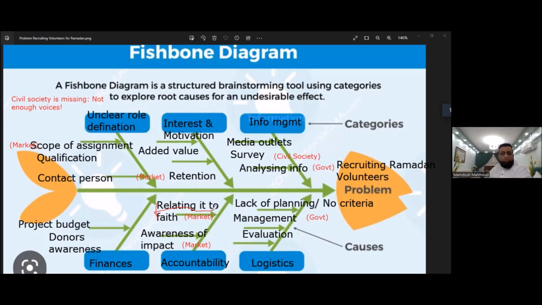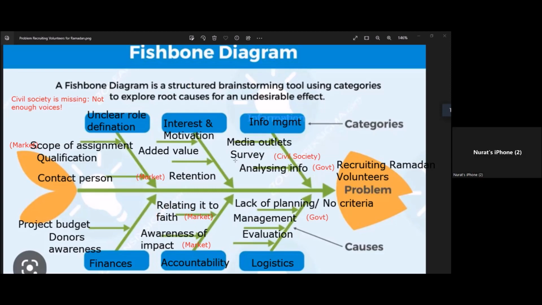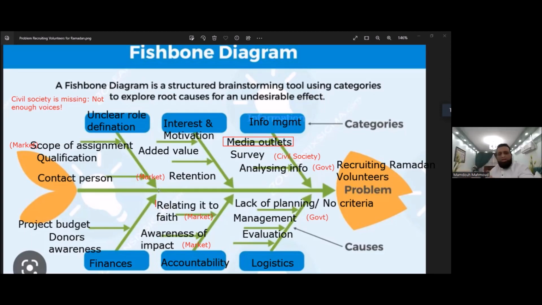Can we do relating it to faith and awareness of impact together? Make them one category together. Relating it to faith and which one? And awareness of impact together. Yes. One. That's one subcategory.